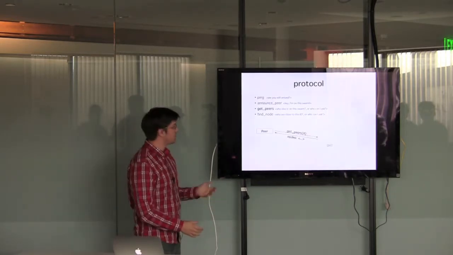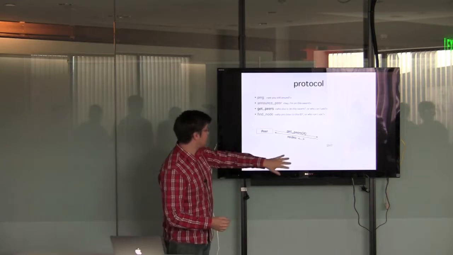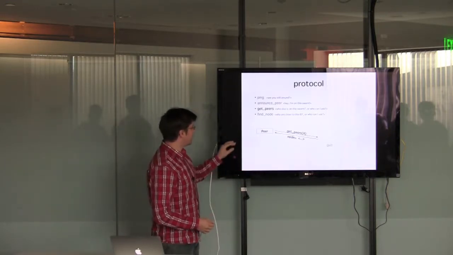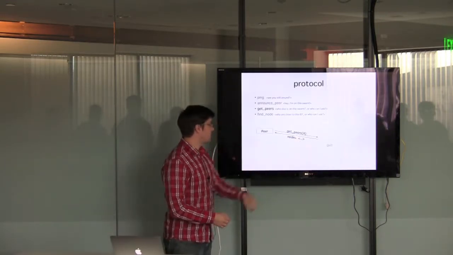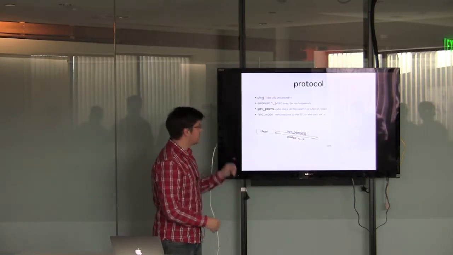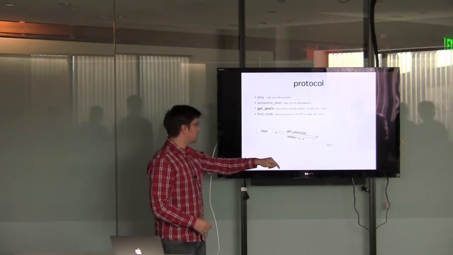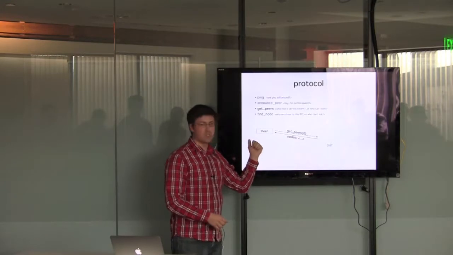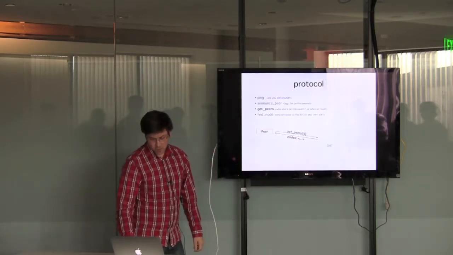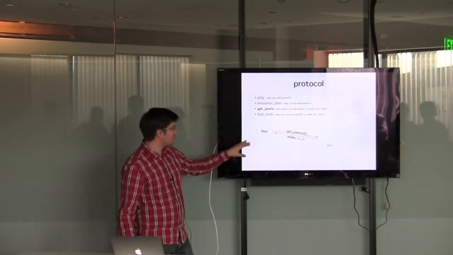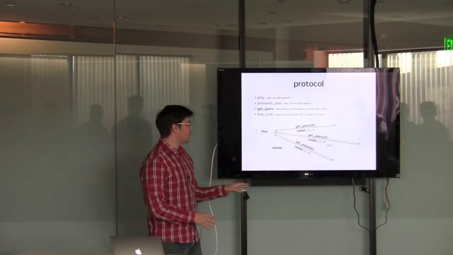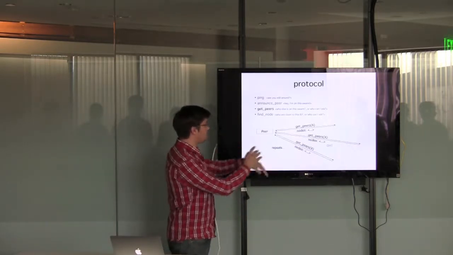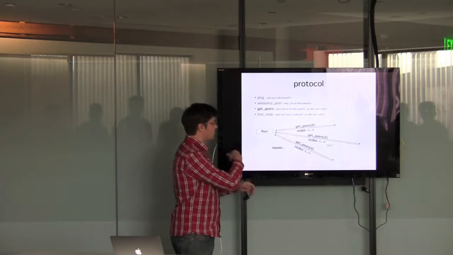So as an example, this is us, this is the DHT. We don't know anything about the DHT yet. We send in a message saying get peers for X, and we get back a bunch of nodes. So what we do then is, okay, we take those nodes and we send the exact same message again to those nodes. So we send out 3 messages here, and we get nodes back.